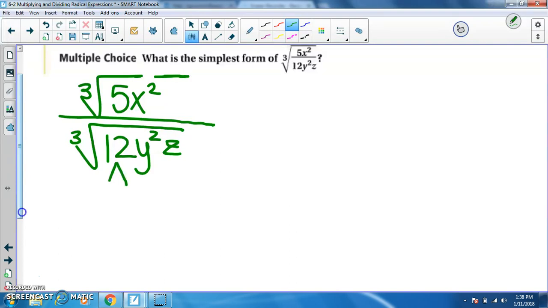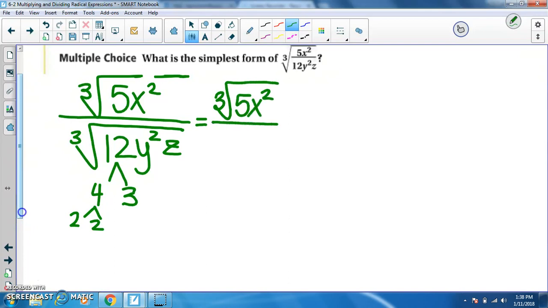So 12 is the same thing as 4 times 3, which is 2 times 2. So this whole thing is equal to the cube root of 5x squared over the cube root of 2 squared times 3 times y squared times z.